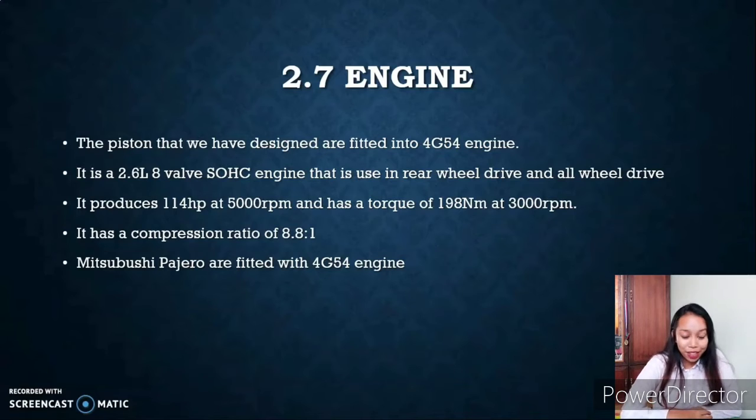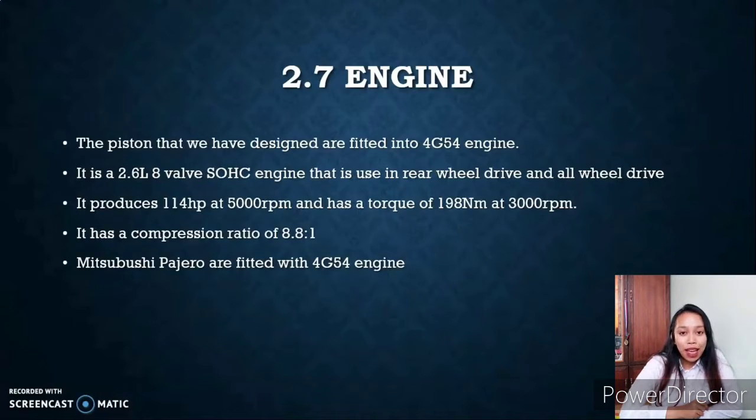In 2.7, we are going to discuss the engine, or specifically, the vehicle. The piston that we have designed meets the requirements for the piston used in the 4G54 engine. It is a 2.6 liter 8-valve SOHC engine that is used in rear-wheel drive and all-wheel drive.